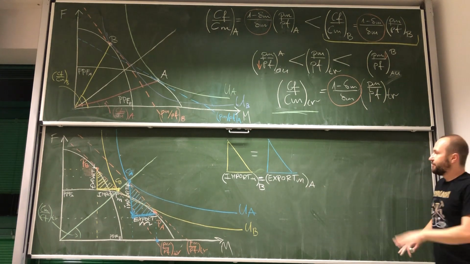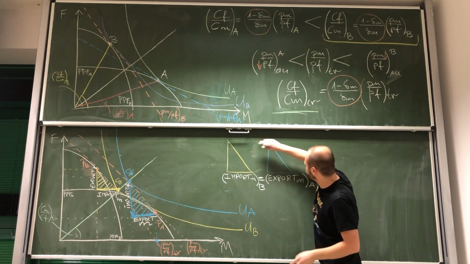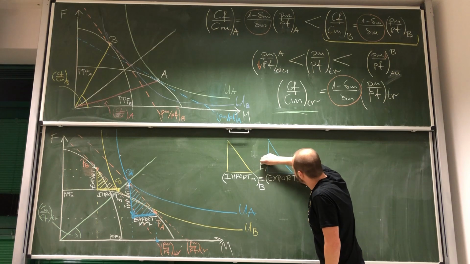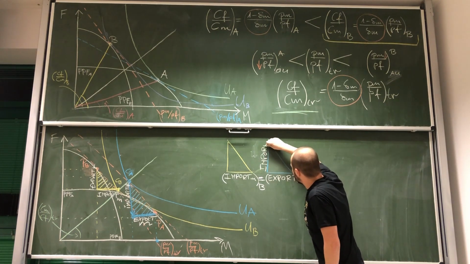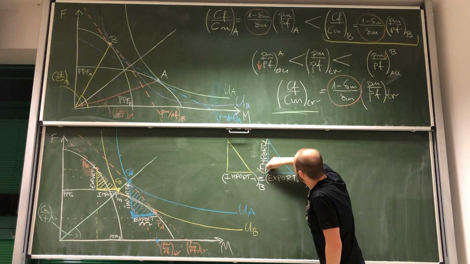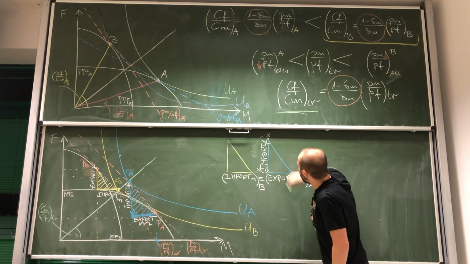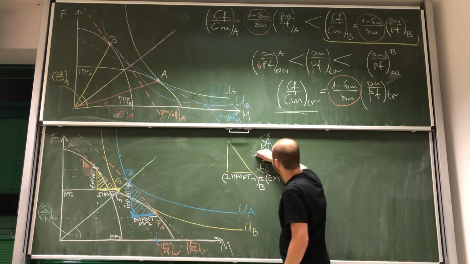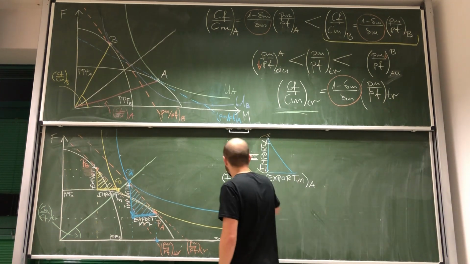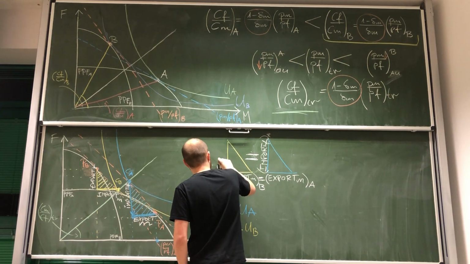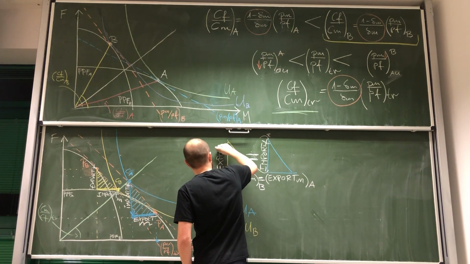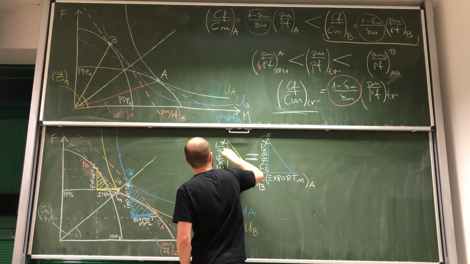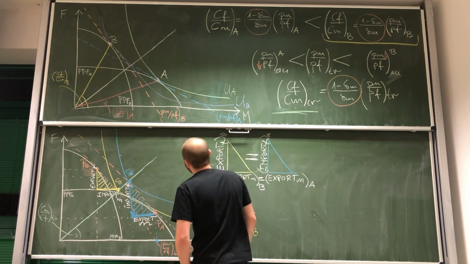Okay, and look, what do we have over here? Here we have import of food, but who is importing food? Austria is importing food. And this is exactly equal to the export of food by Bolivia.